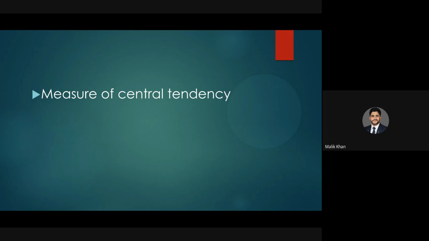There should be a one number summary of that. Nobody will ask you what is the age of every single individual. What they'll ask you is, what was the mean age of the population that you took? What was the median of that? What was the mode of that? So measures of central tendency are important because they give us a one number summary of the whole data set.